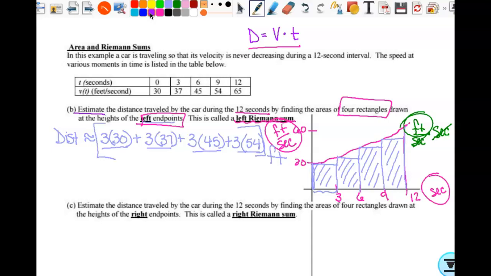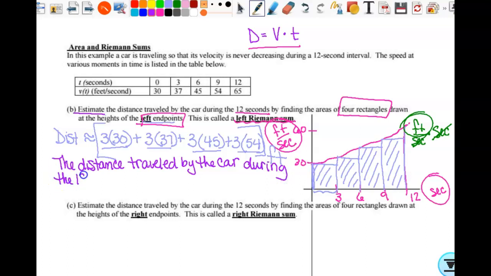So the distance traveled by the car during the 12 seconds is, here's a very important word, approximately, and then we're going to put this many feet.